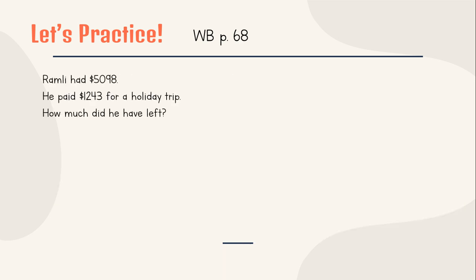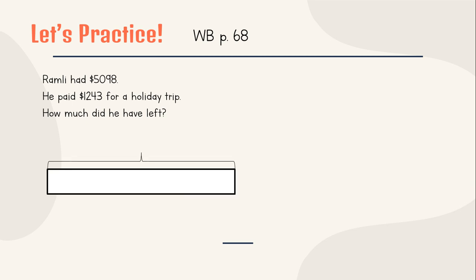Go to 68. I give you another 10 seconds to think whether it is addition or subtraction. So, what are we going to do? If you are still confused, it's better for you to draw the models. The models will help you. Ramli had $5,098. So at first, Ramli had $5,098.